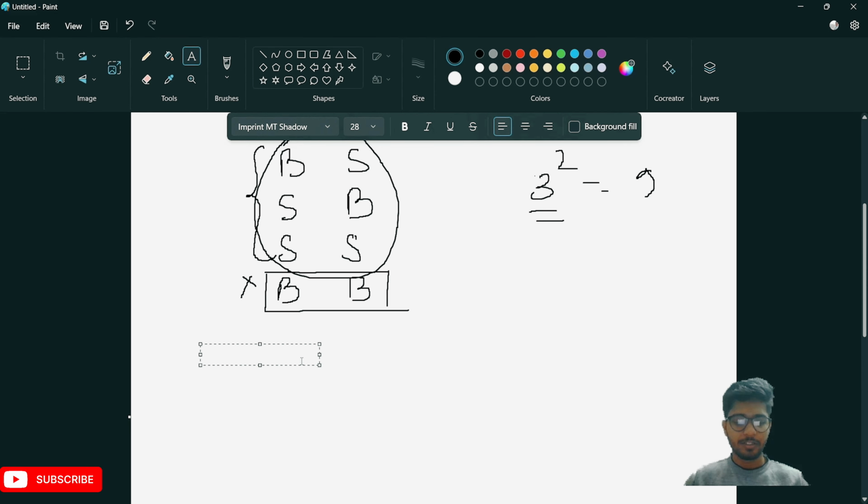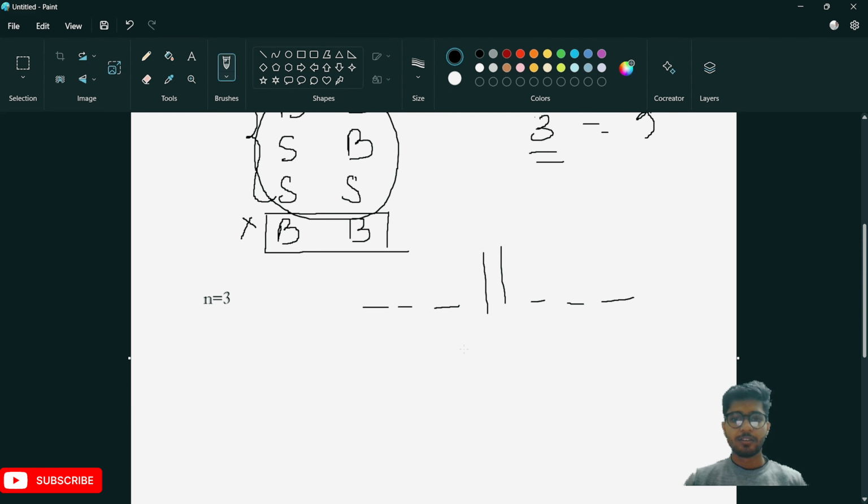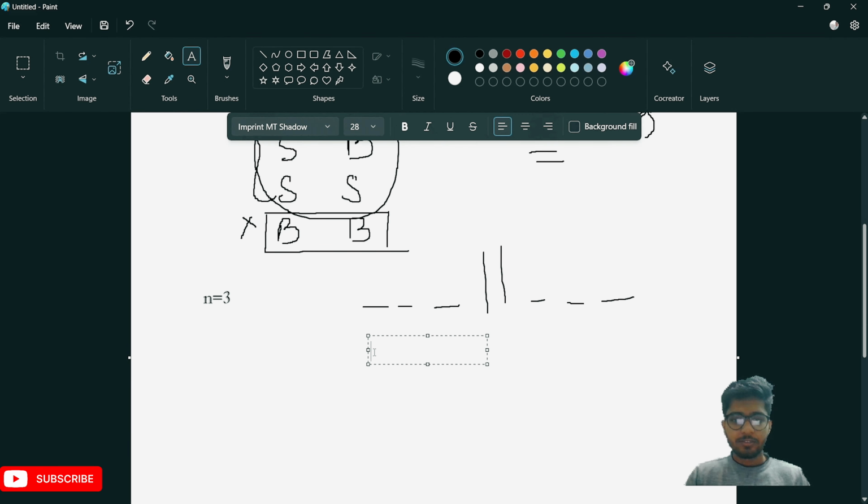Now we will discuss when the number of plots given is 3. That means on either side of the road, we have 3 plots. Now let's see the possible combinations. So it can be building, building and building. Then we can say building, building and a space. Building, space, building.